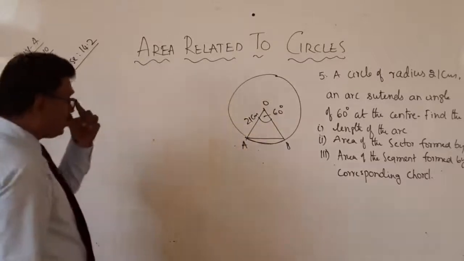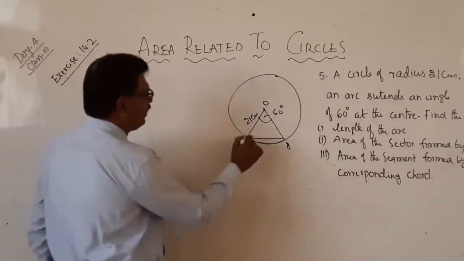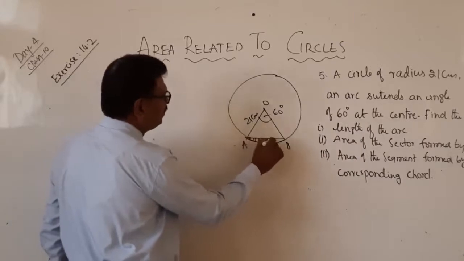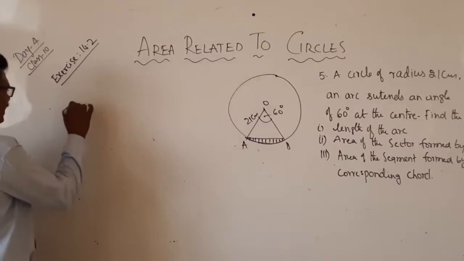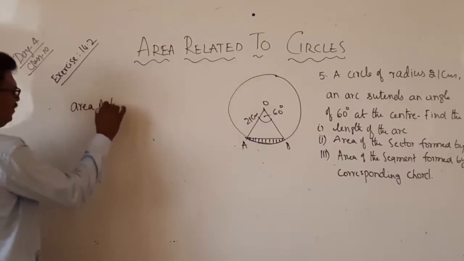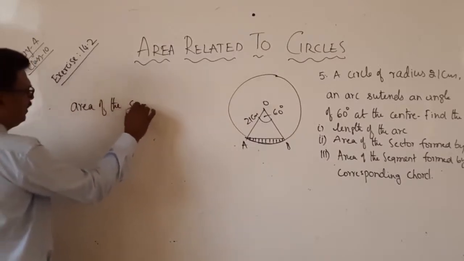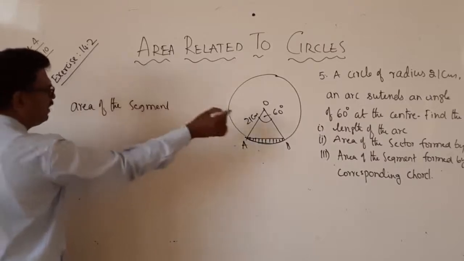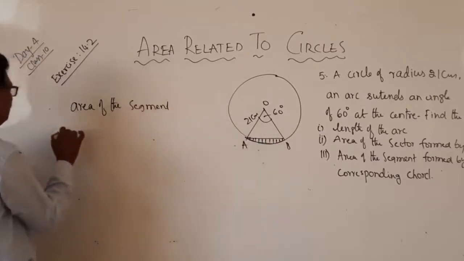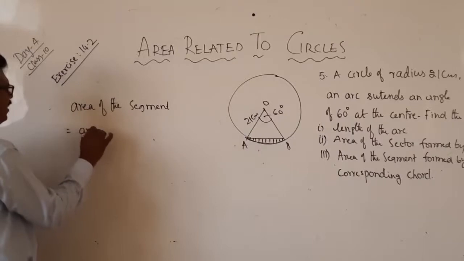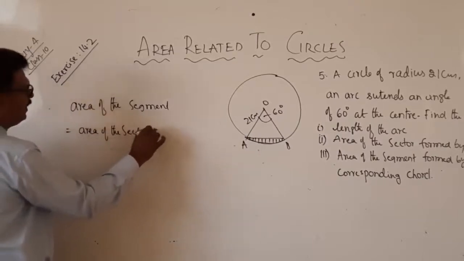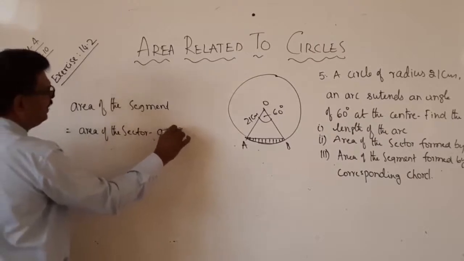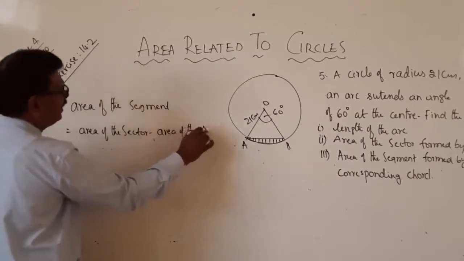Yes. Third question. Area of the segment. This is the area of the segment. We have to find out the area of a minor segment. Very, very simple. Area of the segment subtended by the arc is equal to area of the sector minus area of the triangle.